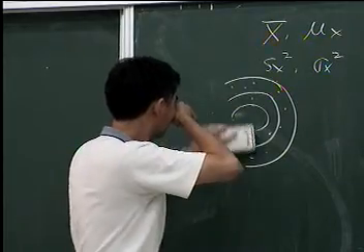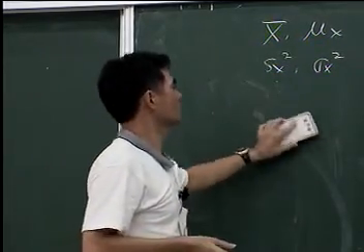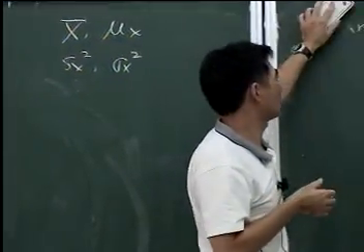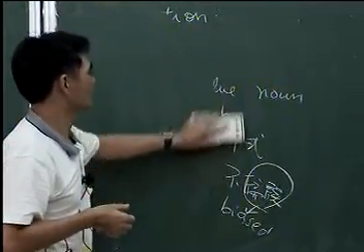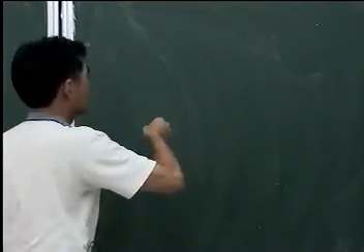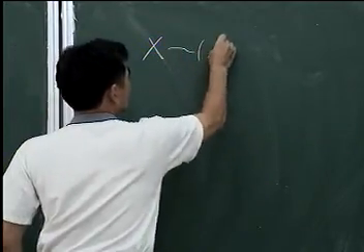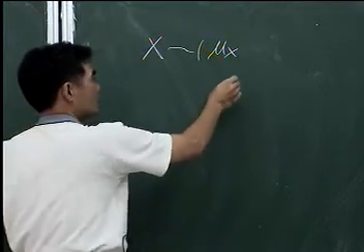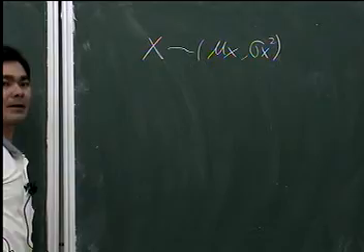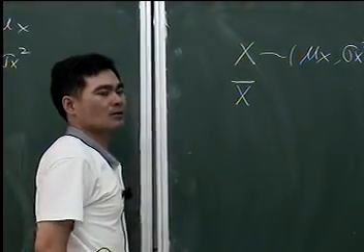Before I go on, I would like to remind you we already discussed the properties of sample mean and sample sum. We say if X is a distribution with the mean mu X and the variance sigma X squared, then what about the sample mean distribution?